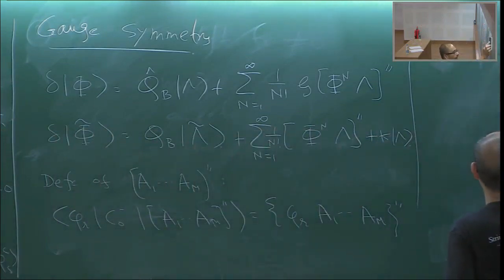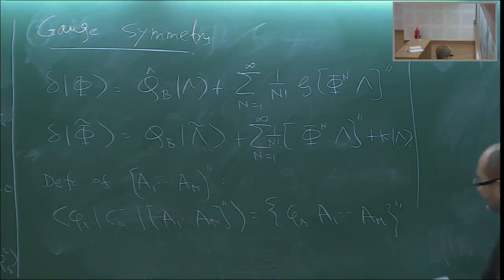Okay, now so far QB hat hasn't entered, but let me now explain why QB hat is important. And for this you have to look at the equation of motion.